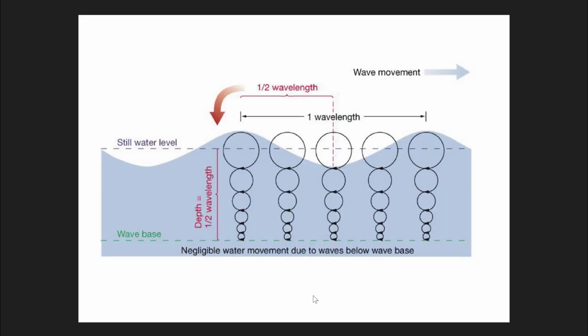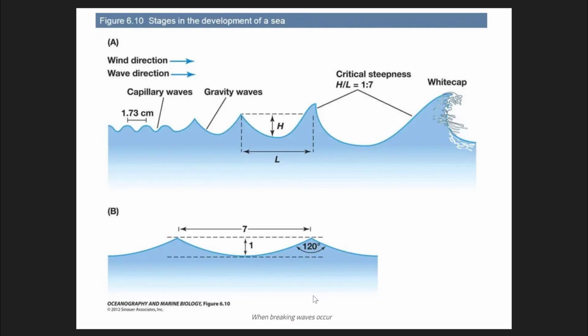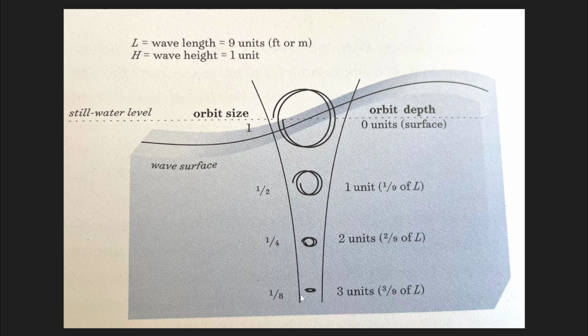It's important to understand that just a little bit of energy is lost as you move deeper and deeper into the water, even though the movement of particles is negligible, up until a depth of half of the wavelength. So in the previous example, where we had an 81 foot wavelength, and here at 1/8 of the orbit size, we're 3/9 of that, so about 27 feet down.